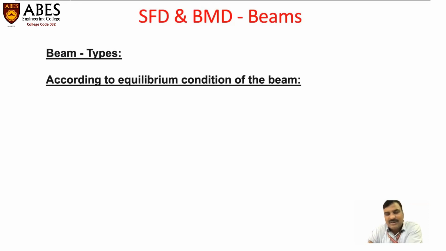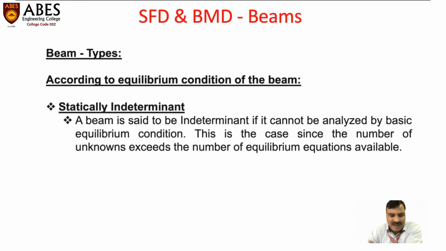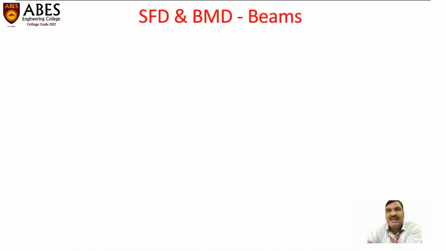If the number of unknowns is more than the number of equations, then that type of beam is called statically indeterminate. Examples of that type of beams are continuous beams and fixed beams, and we will be studying all these types of beams in detail in our subsequent lectures.